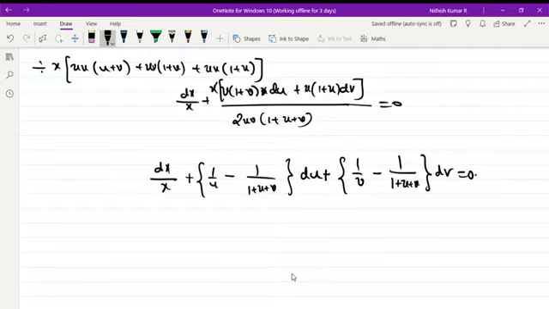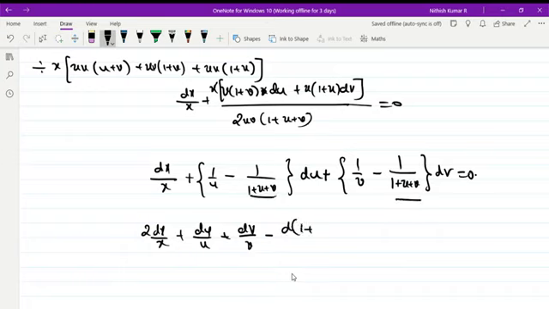So now multiplying by 2, it is 2 dx by x plus du by u plus dv by v minus, clubbing these two terms, d of (1 plus u plus v) divided by (1 plus u plus v).